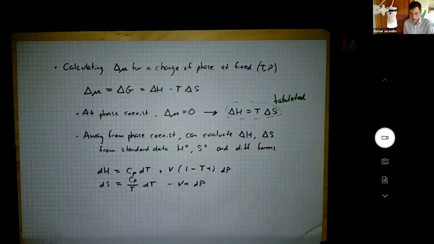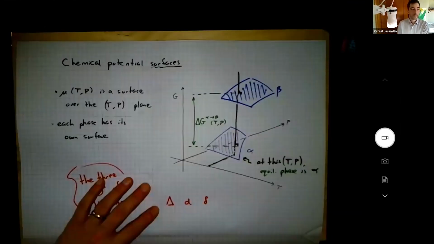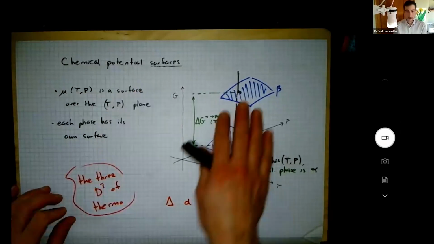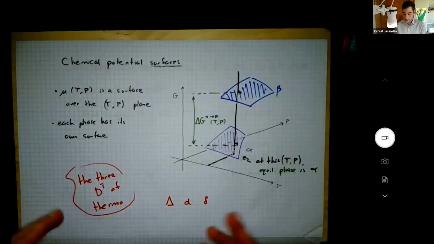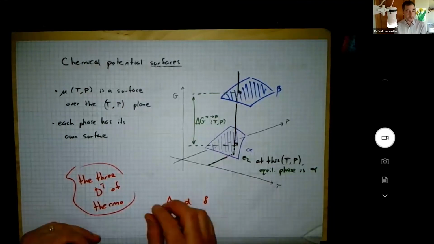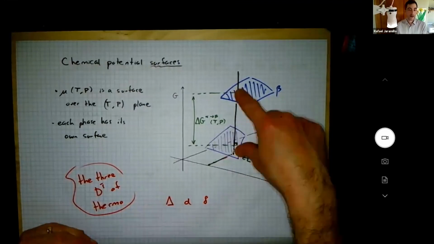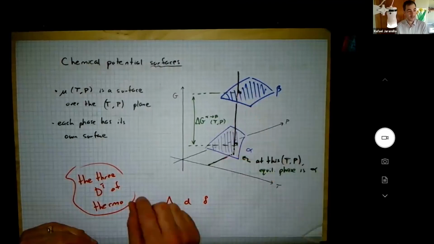So it's exactly 10:55, and I got through what I wanted to get through. The main thing I want to leave you with is this visual. That all of these state functions are surfaces over the temperature pressure plane. They each have their own local curvature as a function of temperature and pressure. When comparing phases, we compare vertical distances between surfaces.